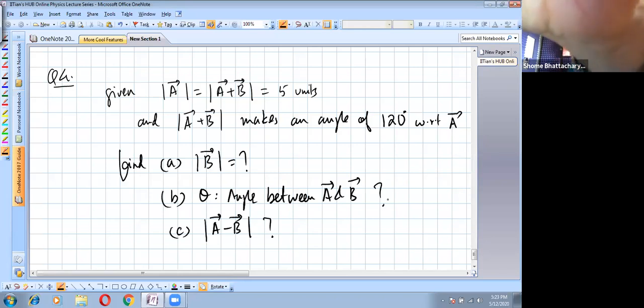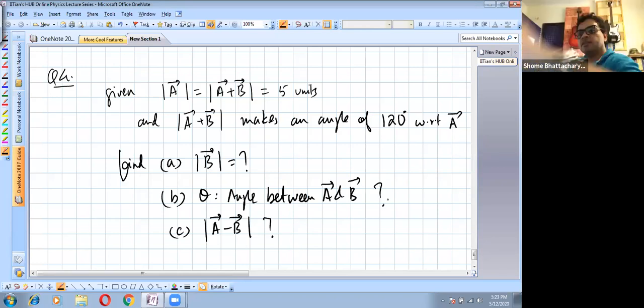So it's given to you that the vector A and the magnitude of A plus B have the same magnitude of 5 units. Whereas the resultant of A plus B makes an angle of 120 degrees.